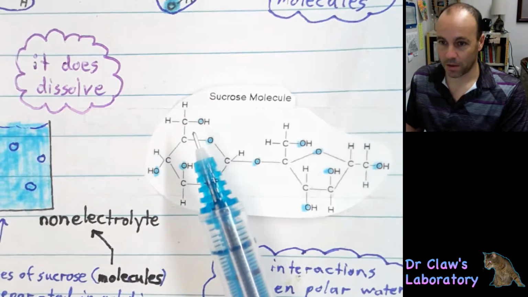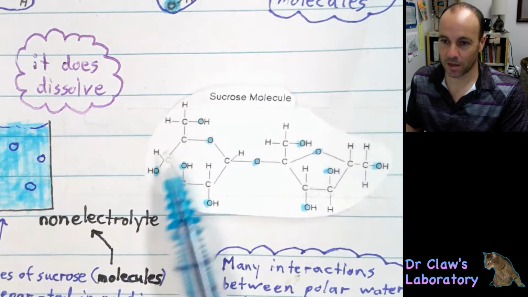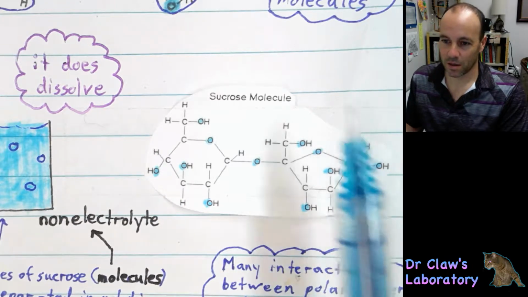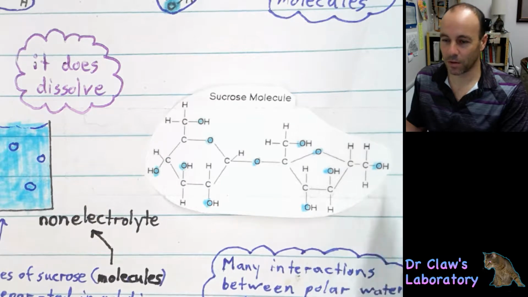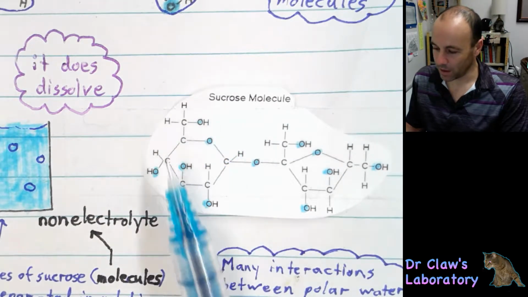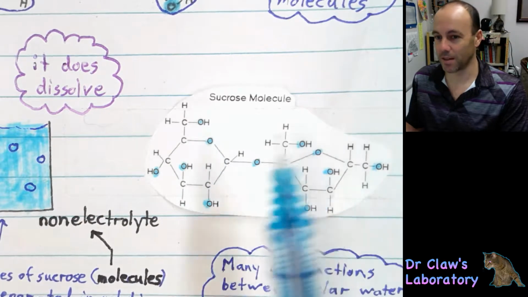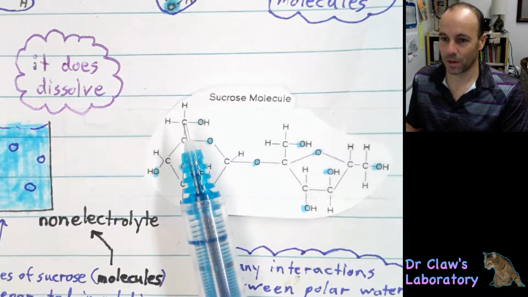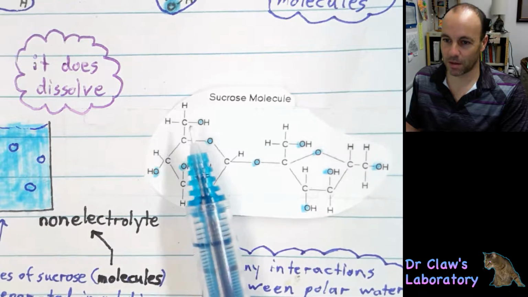Lots of atoms: 12 carbons, 22 hydrogens, 11 oxygens. This is called the Lewis structure of the molecule, and we'll again look at these things more in Chapter 9, but this tells you how the atoms are connected together. So this carbon is connected to the hydrogen here, hydrogen there, carbon here, and oxygen there.